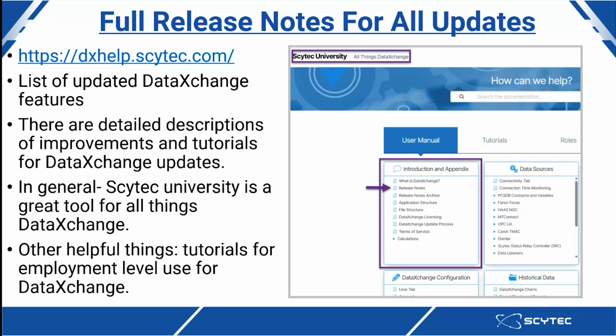That'll go through a detailed description of everything that was in that data exchange update. And in general, Scytec University is a great tool for all things data exchange, including tutorial videos, FAQs, and breakdowns for how data exchange can be applied to specific employment levels.